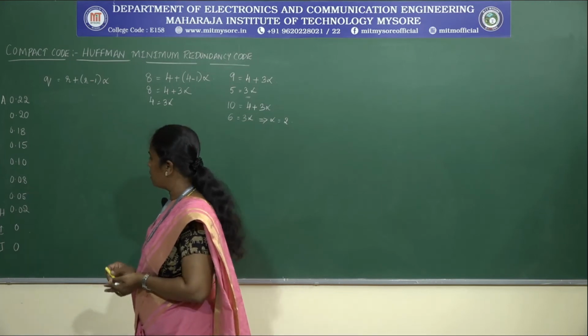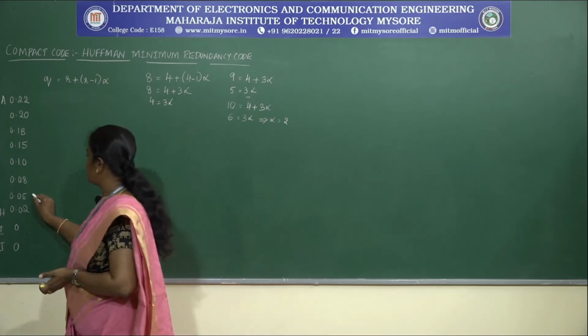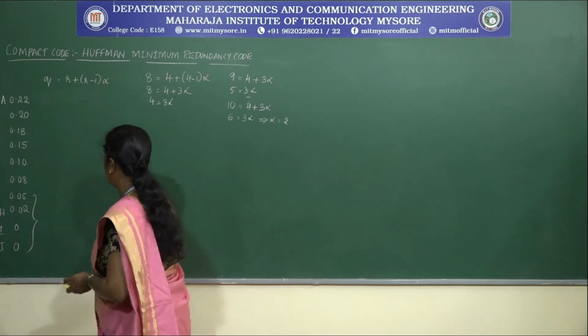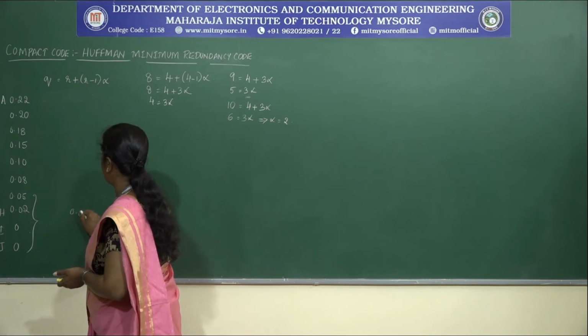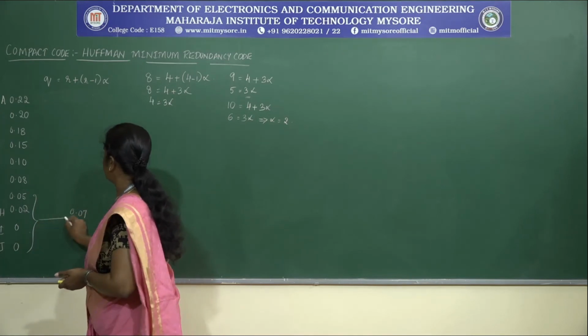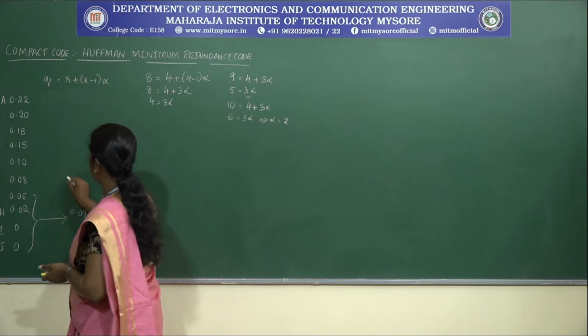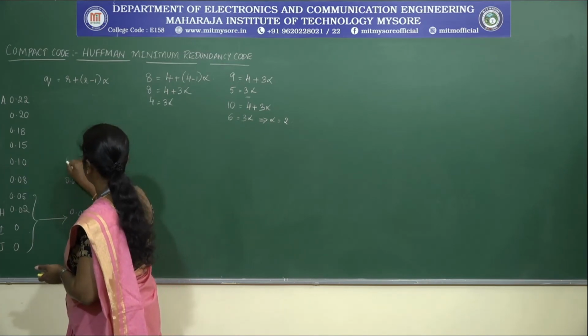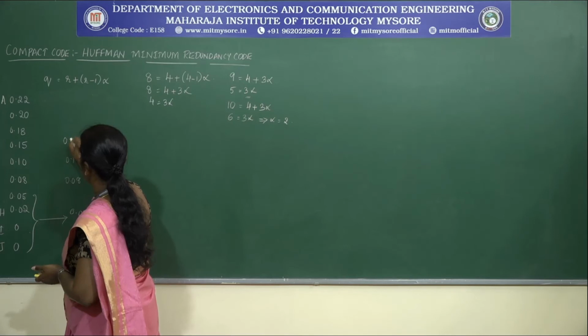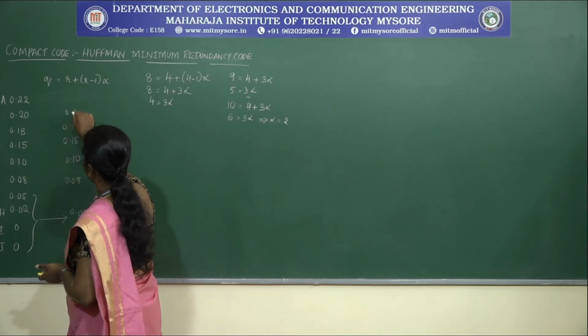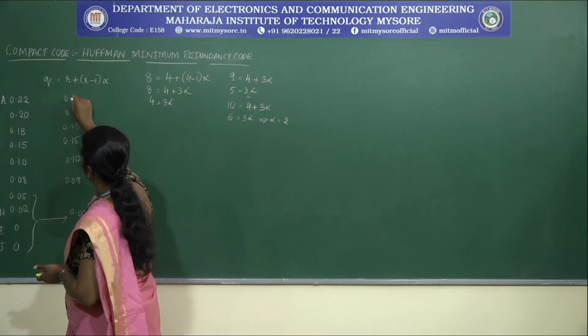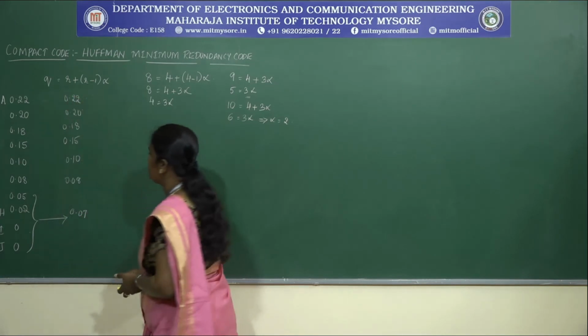The next process is combining the 4 source symbols. If you combine this, you will be getting 0.07. Next we have 0.08, 0.10, 0.15, 0.18, 0.20 and 0.22.